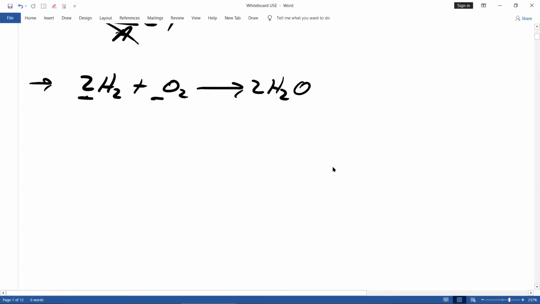The coefficients, the number in front, tell you molar ratios.